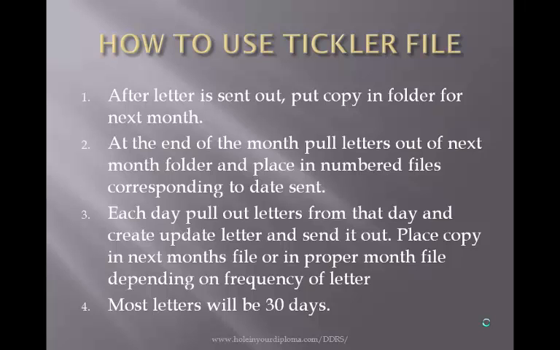At the end of the month, at the end of August, you would pull all the letters out of the next month folder, which is September, and you would file them into the number files based upon the date you sent the report. So that August 15th report that you sent out, you put a copy of it in September. On August 31st, you reach into September, and you start filing all those reports into numbers, and that August 15th one would go under the 15th. Basically what it's doing is it's 30 days from when you sent the report out.